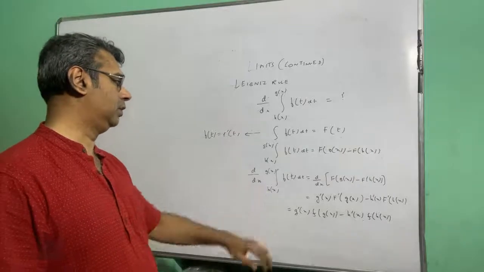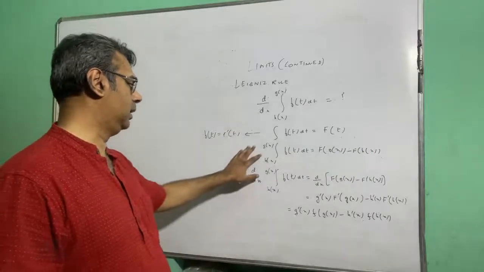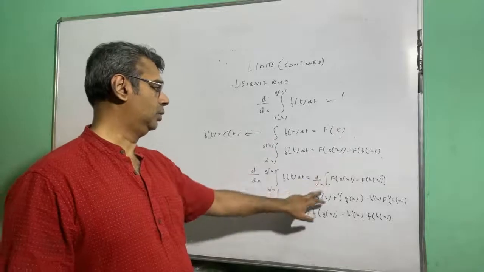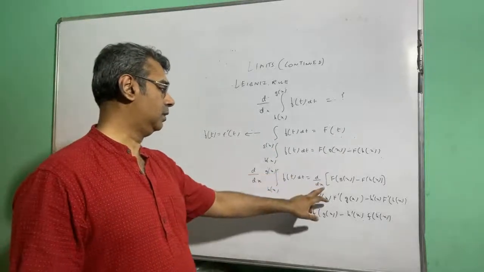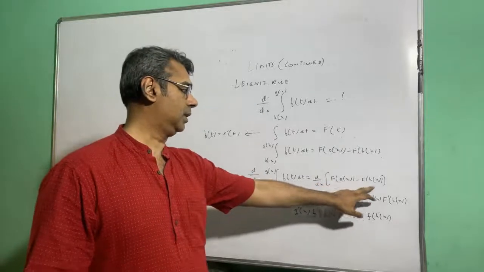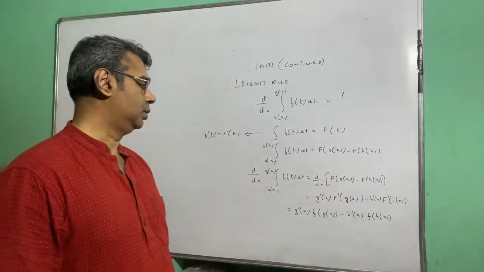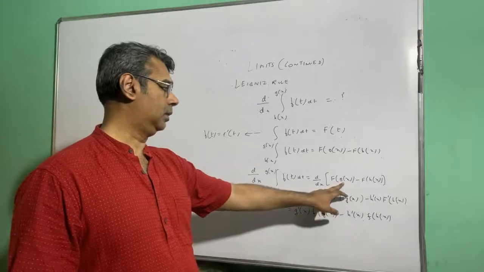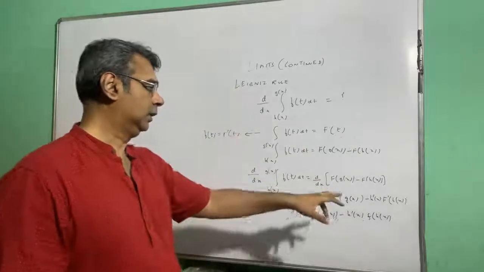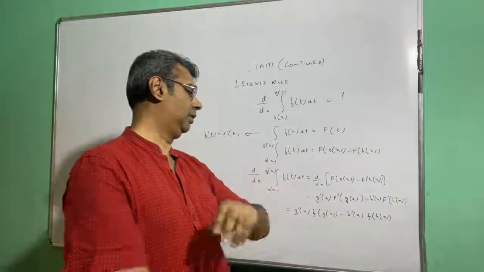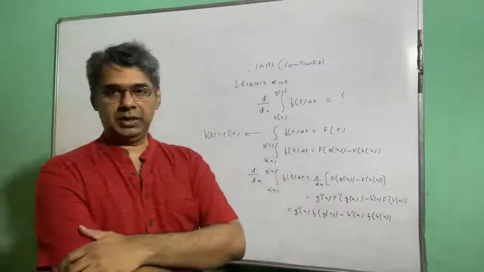Now you differentiate both sides. You do d/dx of the left side and d/dx of the right side. So d/dx of the right side will be d/dx of capital F(g(x)) minus capital F(h(x)). Ultimately this will be g dash x into F dash g(x), minus h dash x into F dash h(x), because of the chain rule.